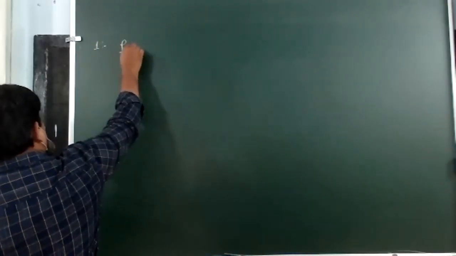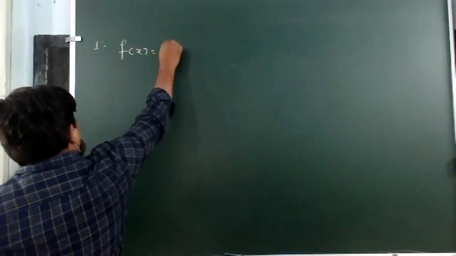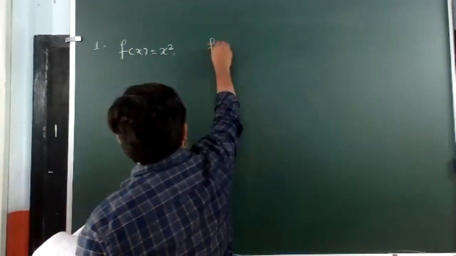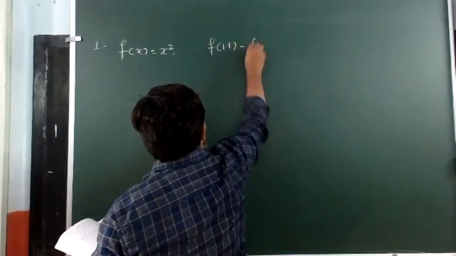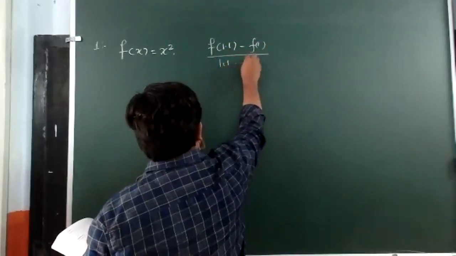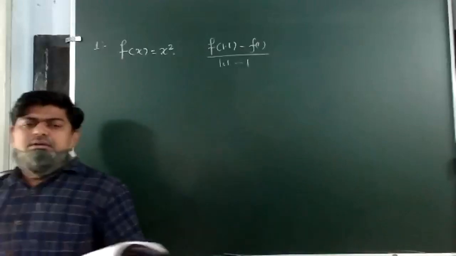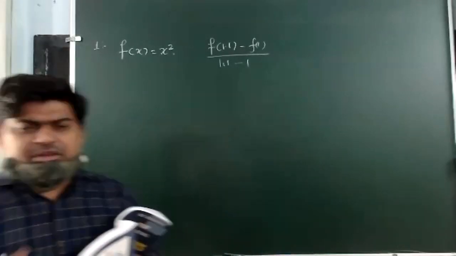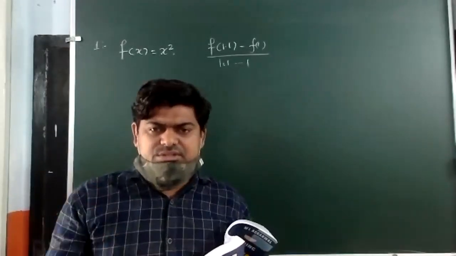In question number 1, you can see f(x) is given as x square, and then you have to find (f(1.1) minus f(1)) upon (1.1 minus 1). If you remember, again I am repeating myself, in the last class I discussed this question orally.